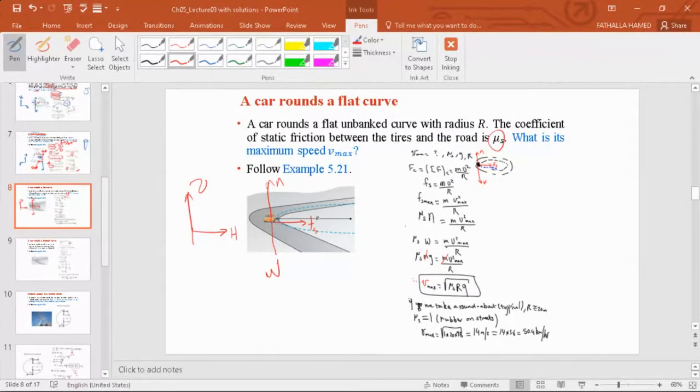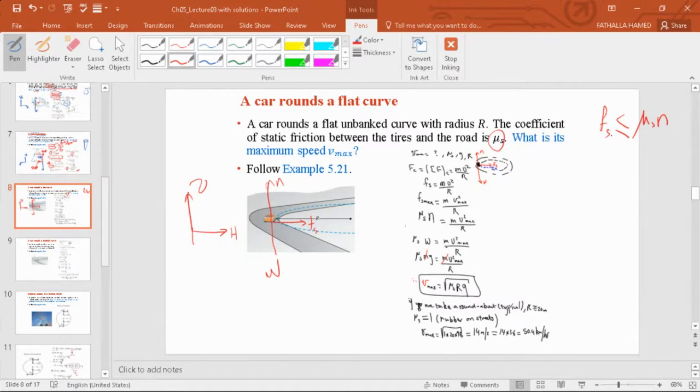So in the vertical, I have normal and weight. On the horizontal, I have the static friction. And you all know, when we talked about static friction in the last lecture, we said static friction is less than or equal to mu s times the normal force. But there is a maximum value for the static friction.